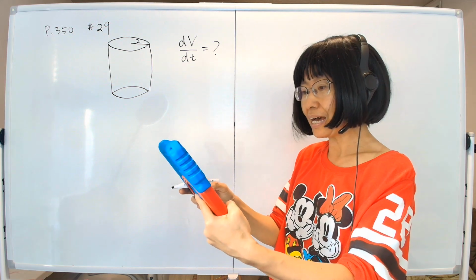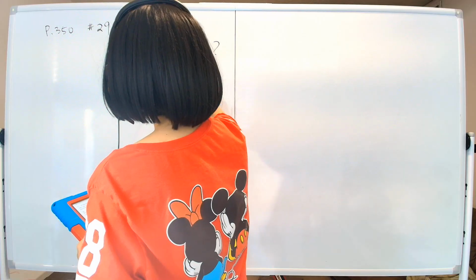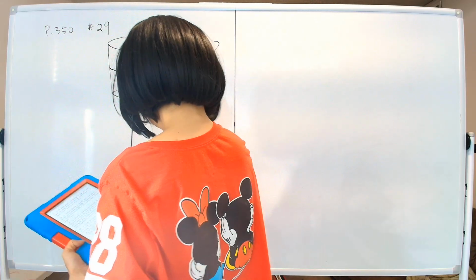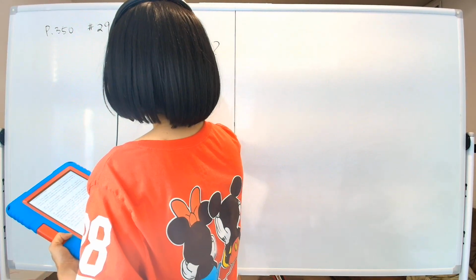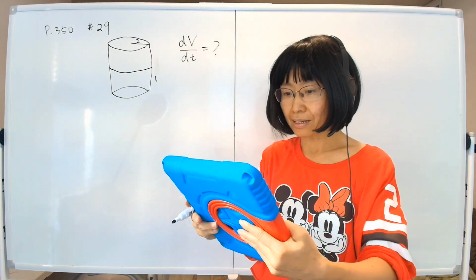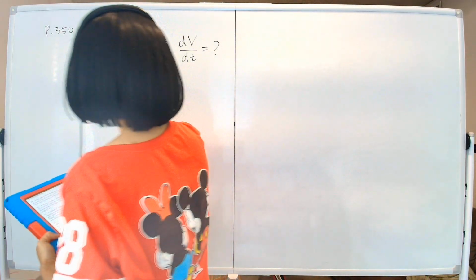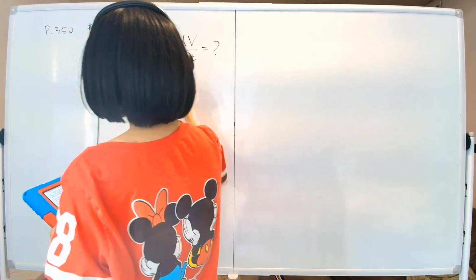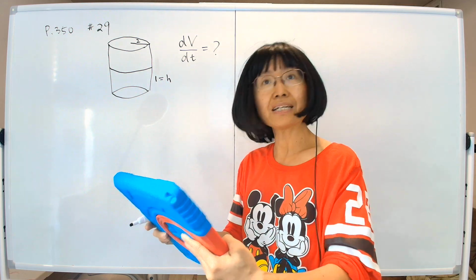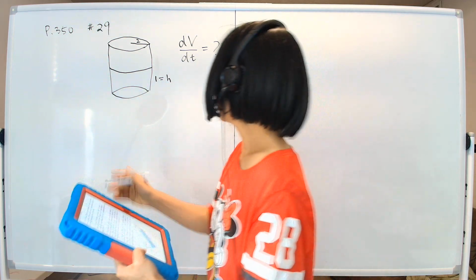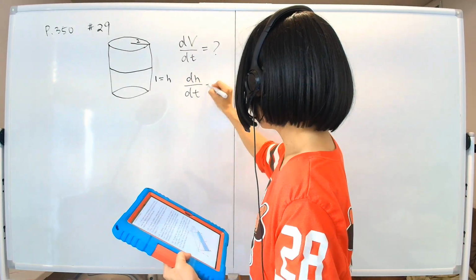When the height is 1 meter, so the water is at 1 meter, that's h equals 1. All right, at h equal to 1, it says the height is decreasing at 10 centimeters per minute. So dh by dt equals 10 centimeters per minute.